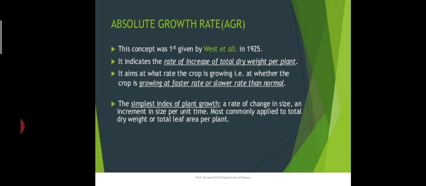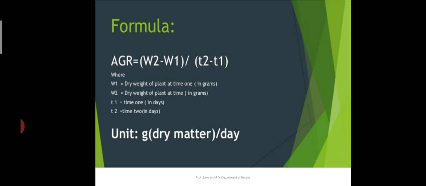That means scientists aim to know how plants are growing, whether the rate is faster or slower. The simplest index of per plant growth is the change in size, the increase in size per unit time, most commonly applied to total dry weight or total leaf area of a plant.